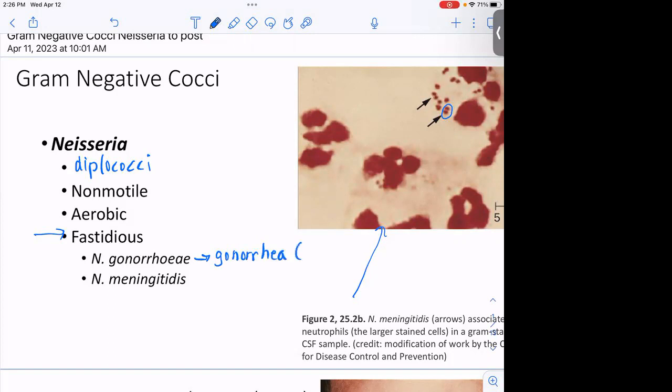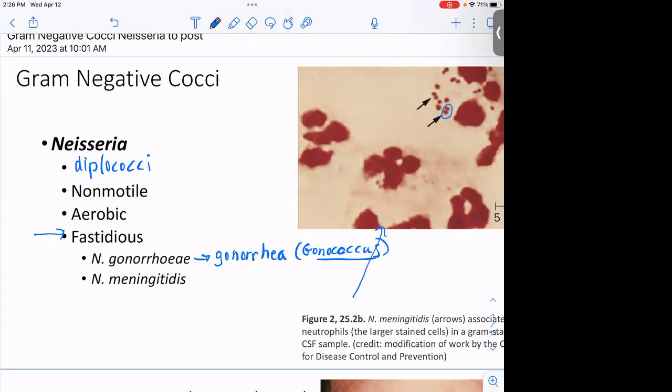And we also sometimes refer to this as the gonococcus, because whoops, let's spell that right. Okay, that was what the genus used to be called before we changed it to Neisseria. So the gonococcus.